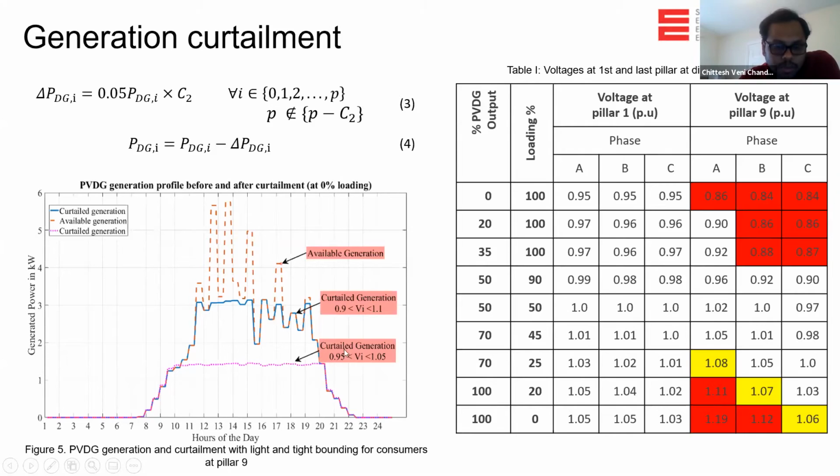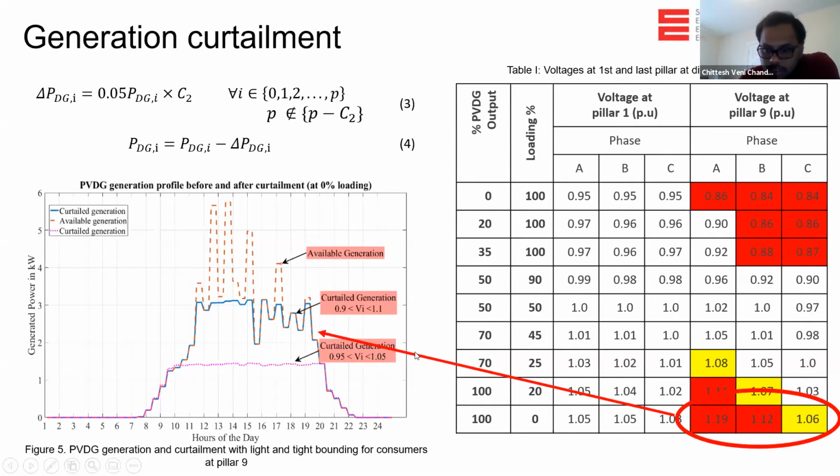We applied two types of curtailment to see how much the algorithm can impact, and we found that by curtailing almost 50% at certain times, we are able to bring this over voltage back to 0.9 per unit, within the limit. And if you want tighter voltage regulation, we can still achieve that by reducing the generation of the consumers connected to the end.